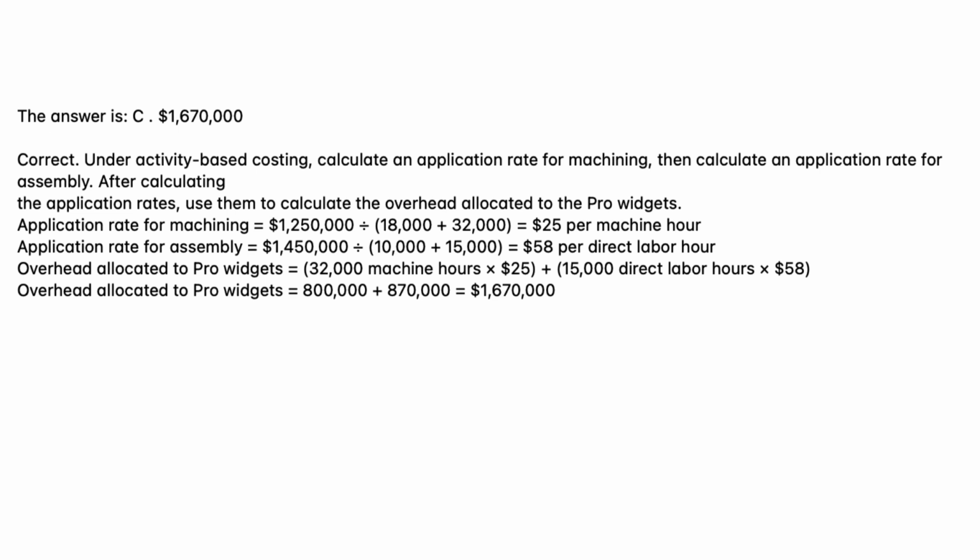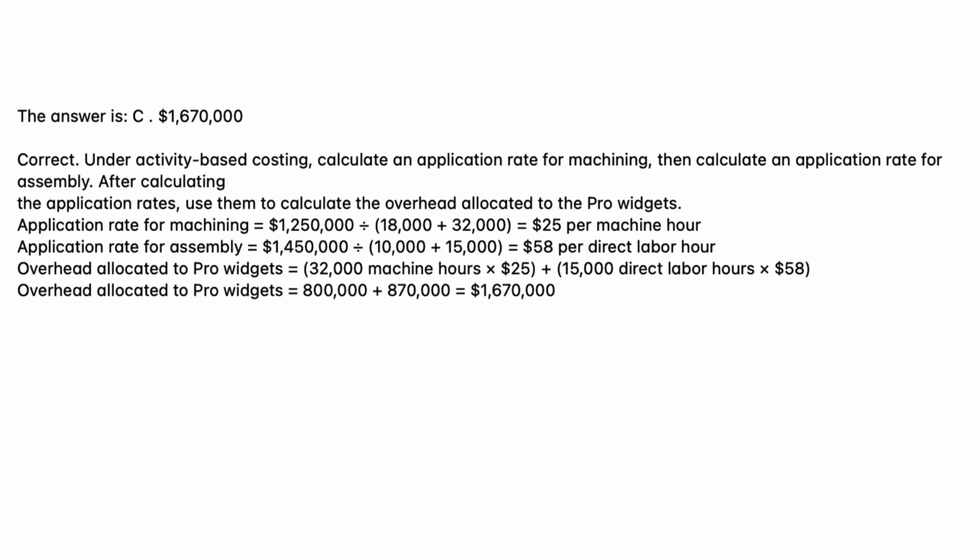$1,670,000. Correct. Under activity-based costing, calculate an application rate for machining, then calculate an application rate for assembly. After calculating the application rates, use them to calculate the overhead allocated to the Pro widgets. Application rate for machining equals $1,250,000 divided by 18,000 plus 32,000 equals $25 per machine hour.